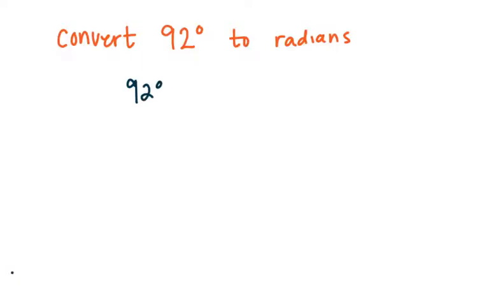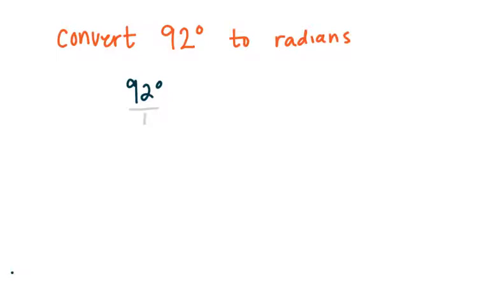Let's think about just another example here. We'll say convert 92 degrees to radians. So we can convert anything, not only values that are on the unit circle. If I were to convert 92 degrees, I'm going to think about that 92 degrees like it's over an invisible one.